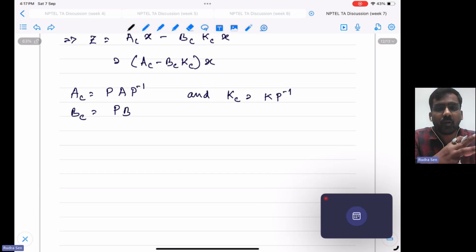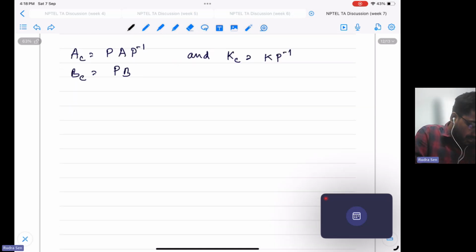In that case, your controllability matrix will become a square matrix, and then you can take its inverse, because we need to take the inverse of the matrix. Other than that, it is not possible to find this out.